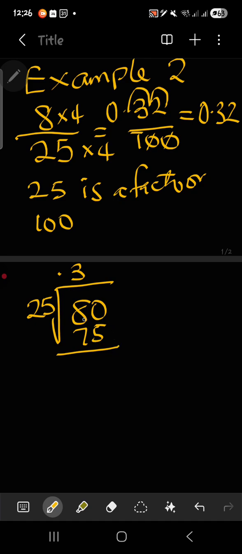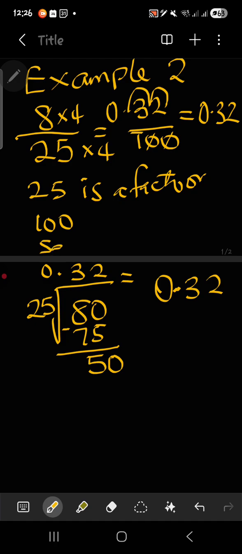I will now do 80 minus 75, which will give me 5. Then I put another 0. 25 in 50 will give me 2. So at the end of the day, I still got 0.32. You can choose the method you want. I have used the first method and I have used the second method.